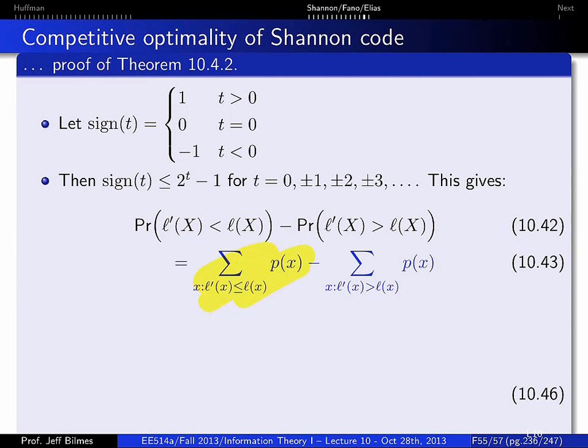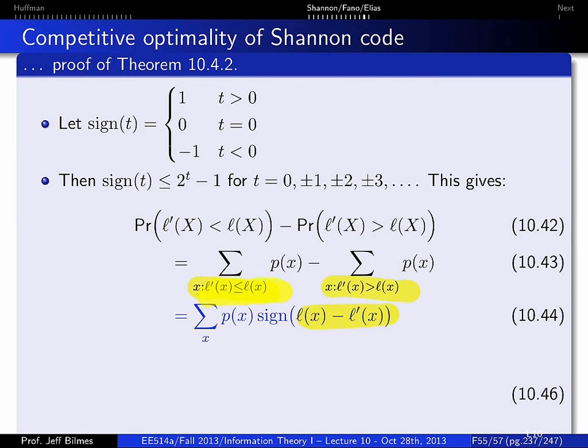Here is the sum over all x such that the length of L prime is less than the length of x. And this is the sum over all x such that the length of L prime is greater than L of x. And this can be represented as the sum of just the sign difference between these two things. Because once we sum over these things, if it's one sign, then we're going to get one, we're going to subtract the probability, because these are exclusive events.